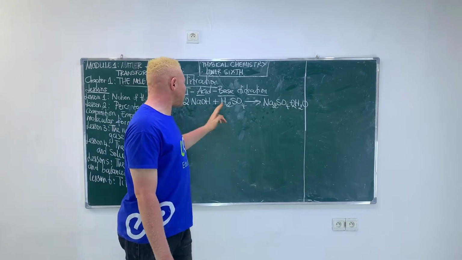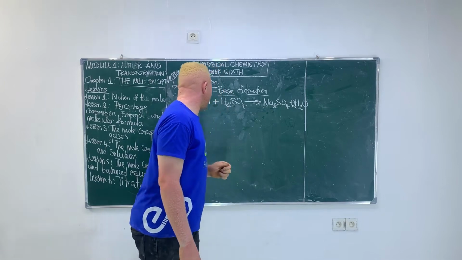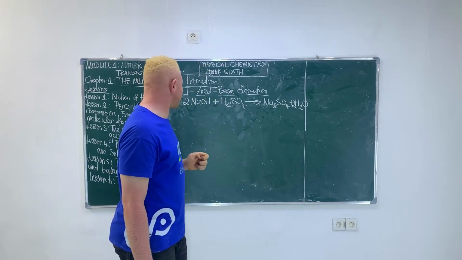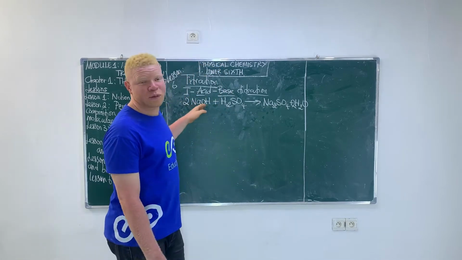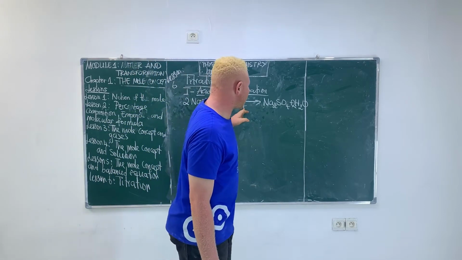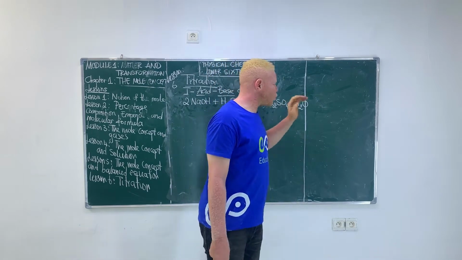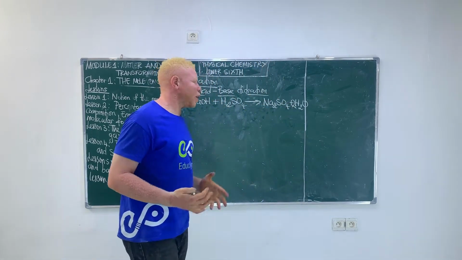The number of sulfur atoms: 1 sulfur atom, 1 sulfur atom. Oxygen: adding 2 oxygen from sodium hydroxide plus 4 oxygen, that is 6 oxygen. On the other side, 4 oxygen plus 2, that is 6 oxygen. That means the equation is balanced.